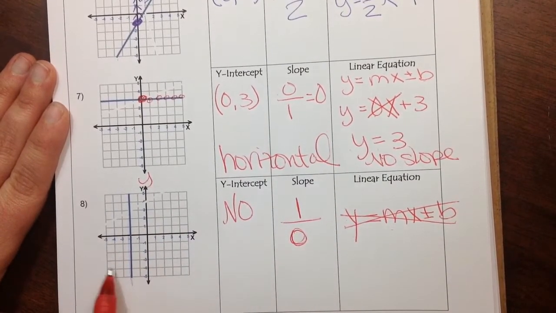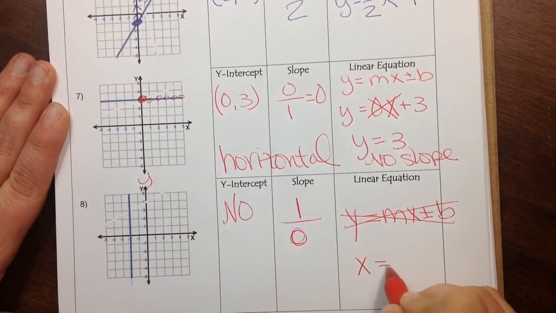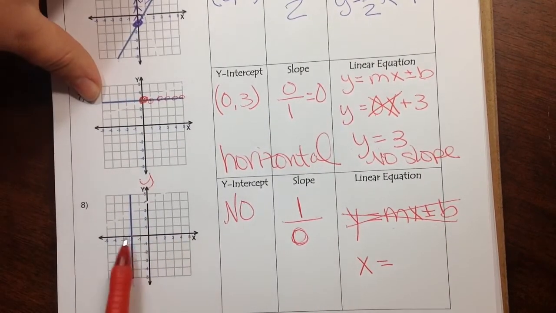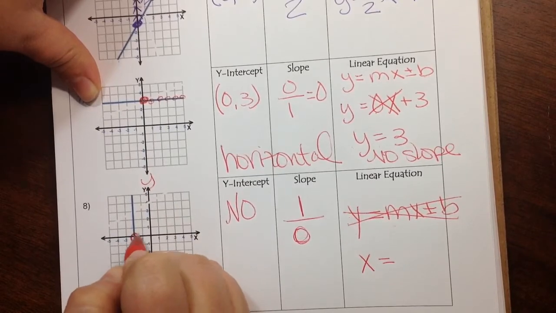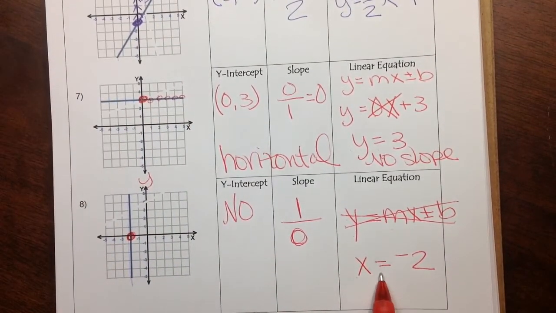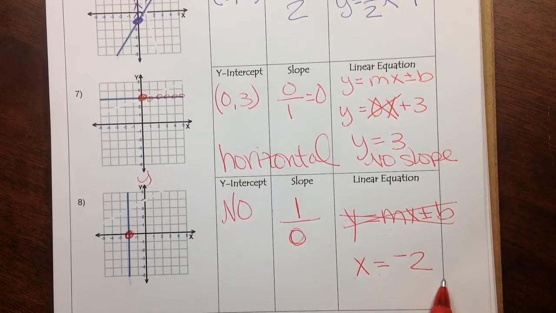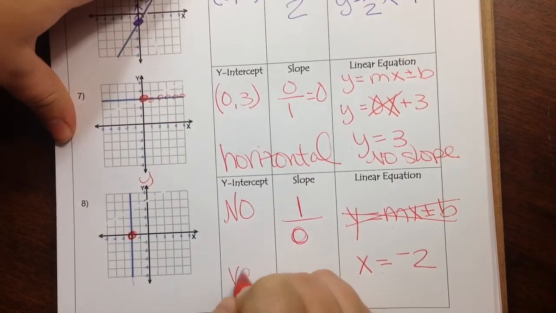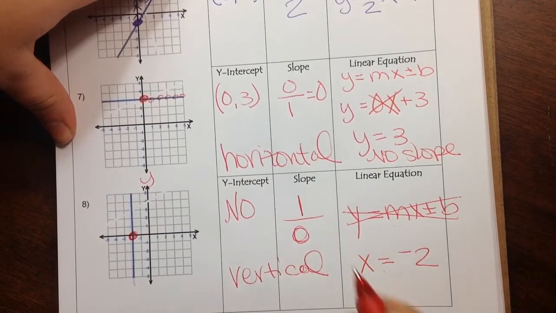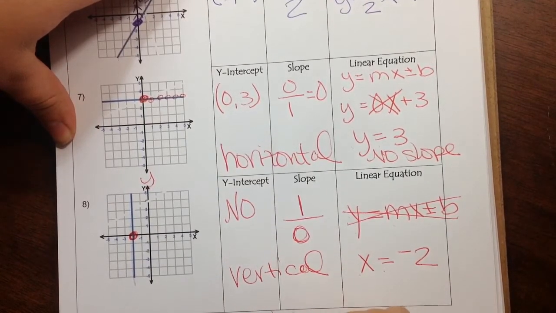So how you write the equation of this line would be x equals, because there's not a y-intercept, but there's an x-intercept. So the x-intercept is right here at this -2. Therefore, this equation would be x equals -2. This is called a vertical line, thus making it have an undefined slope.